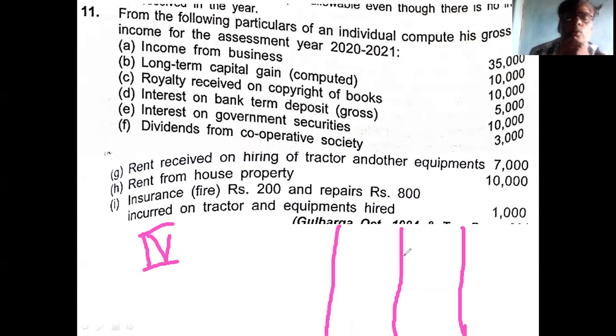In the other source, what is the first item? Royalty received on copyright of books is 10,000.